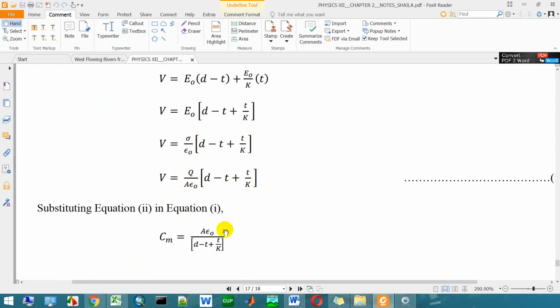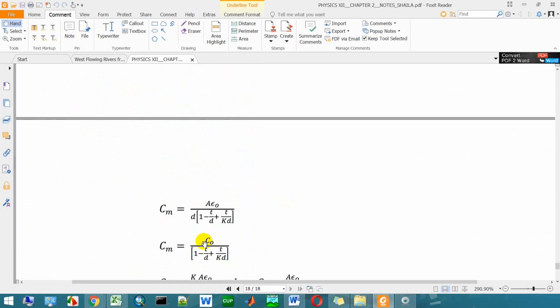Substituting this in the first equation, we get A epsilon naught divided by d minus t plus t by K. Taking d out, it is 1 minus. From here itself it is very clear: what is A epsilon naught by d? It is C naught, the capacitance between the two parallel plates when the plates are separated by vacuum or air.